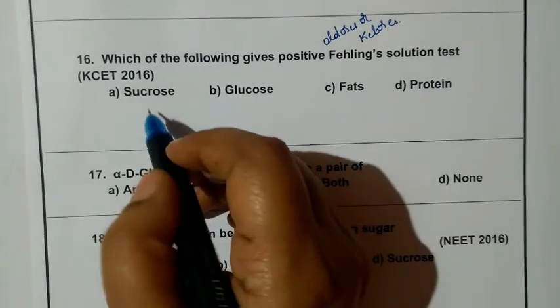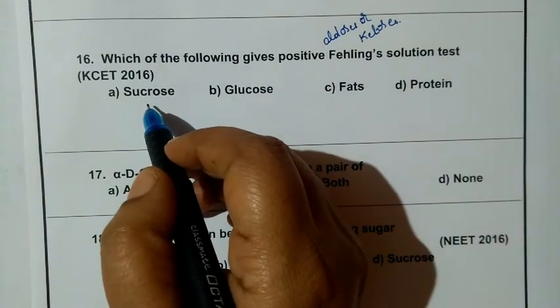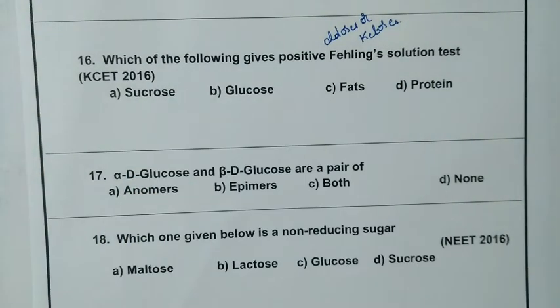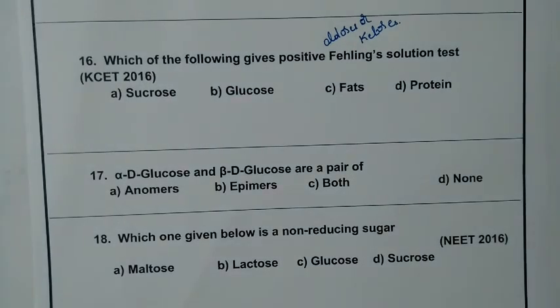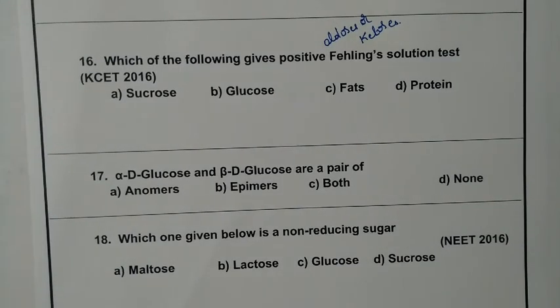Sucrose is a disaccharide. Glucose is an aldose. Fats and proteins you leave, as they don't contain an aldehydic group or ketonic group. Sucrose is a disaccharide which also doesn't contain an aldehydic or ketonic group.